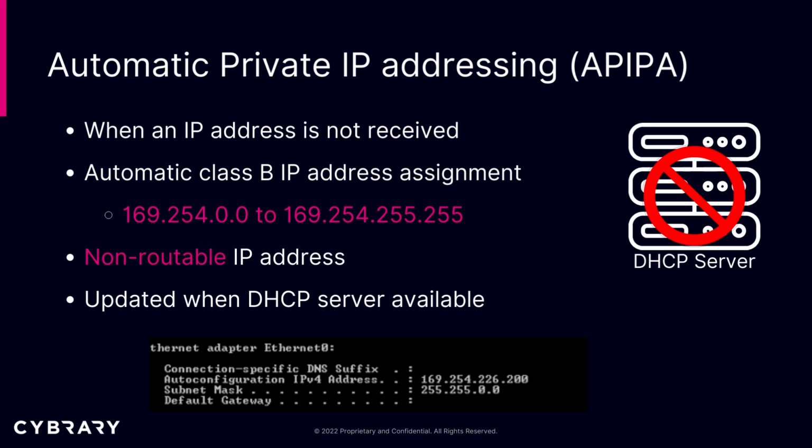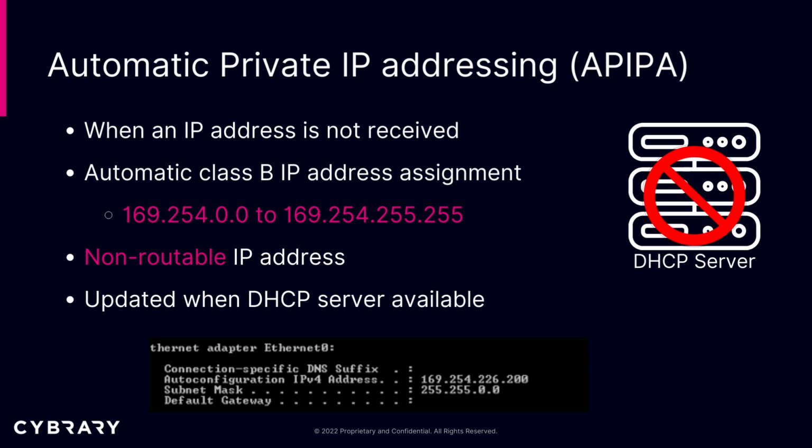Now, what happens if that DHCP server or that service is not available? You'll get what's called an APIPA, or automatic private IP addressing, IP address. So when that IP address is not received, the operating system by default will issue you a Class B IP address assignment.